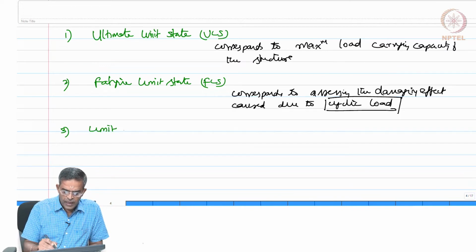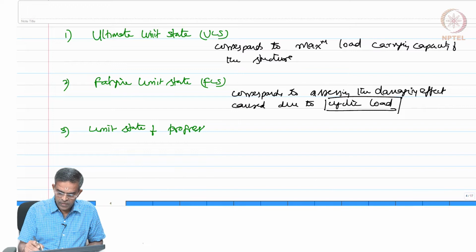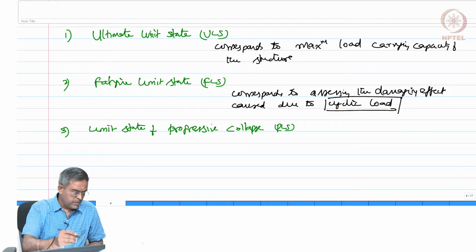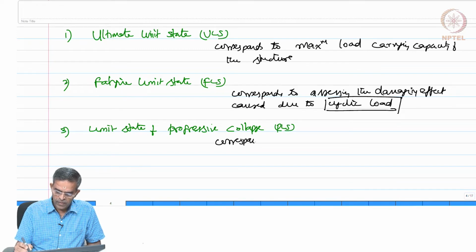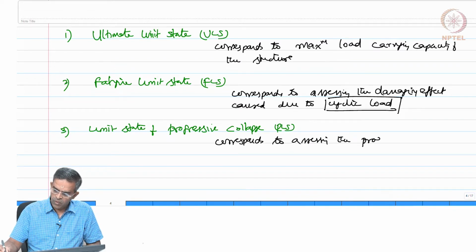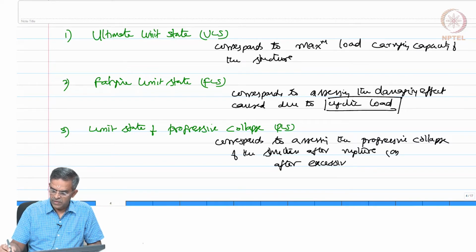Limit state of progressive collapse corresponds to assessing the progressive collapse of the structure after rupture or after excessive deformation.